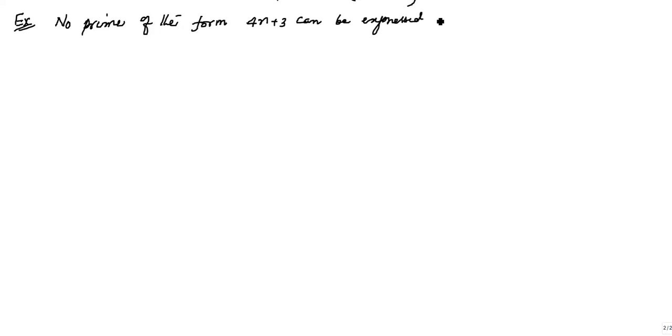So there is an example. No prime of the form 4n plus 3 can be expressed as the sum of two squares.